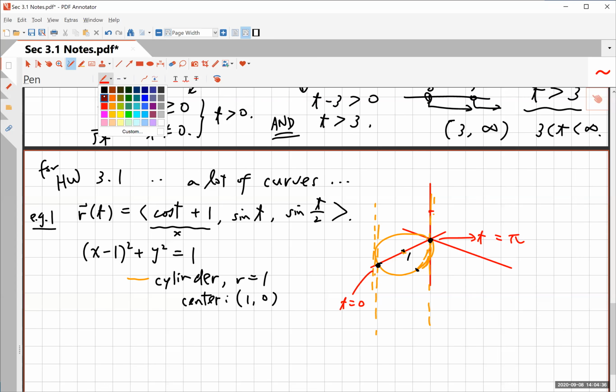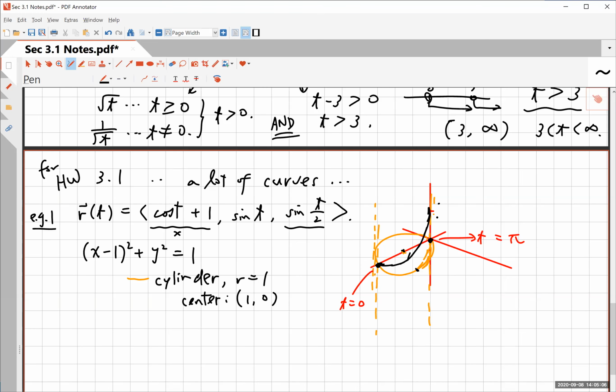Now, what's going to happen here? Here's what the graph is going to look like. See, the thing is, this one continues to increase up until this point. Oops, that's not a good picture here. Let me erase this. And so the idea is, as t goes from 0 to pi, this z will also increase like this, right?